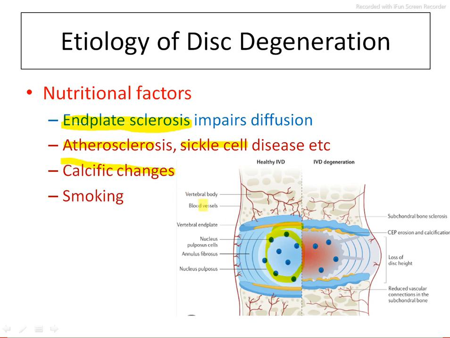Calcific changes are seen in the vertebral end-plate, and because of smoking, the vascularity is being decreased. There is sclerosis and calcification, and because of this the nutrition cannot diffuse into the nucleus pulposus. When the nutrition component is lacking, it undergoes dehydration, and because of dehydration it undergoes degenerative changes.